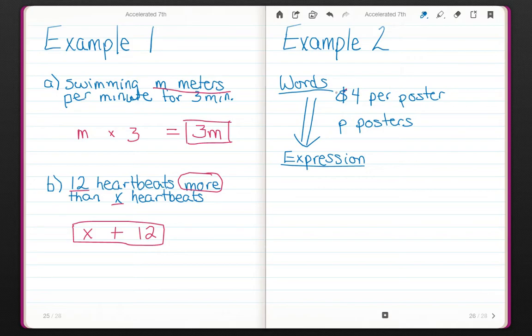So from the word problem, I've pulled out these two pieces of information, which then gives us our expression of 4p. $4 per poster times P posters will give us the total amount of money that we are going to spend to make those posters.